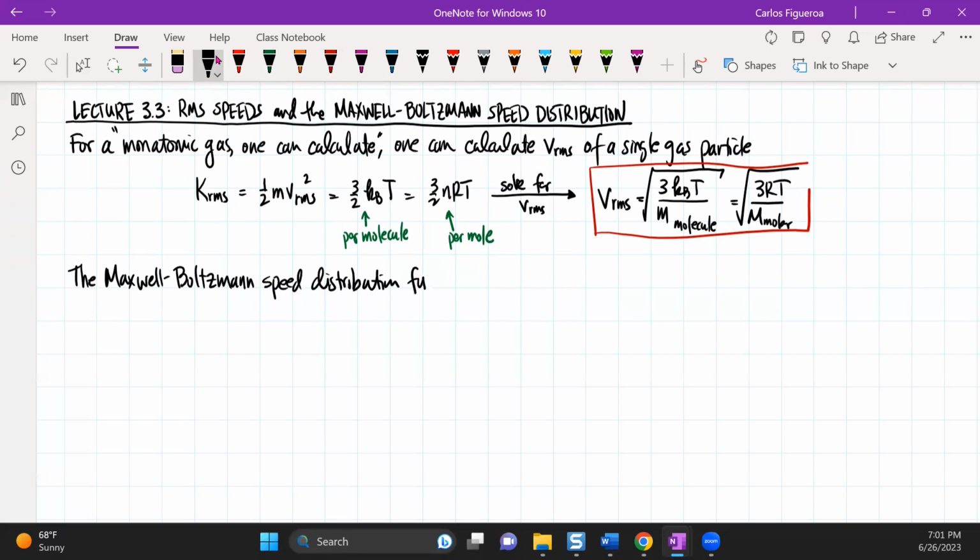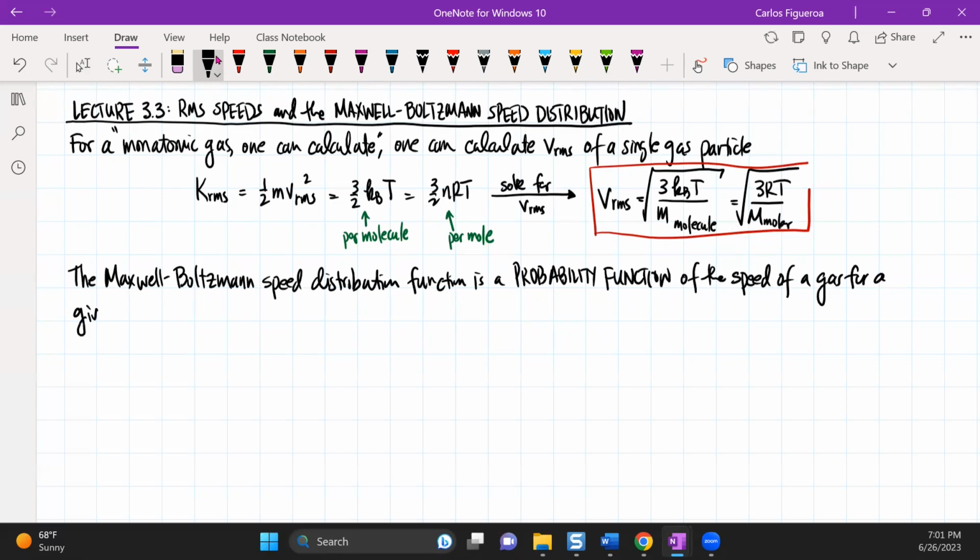So its distribution function is a probability function of the speed of a gas at a given temperature.